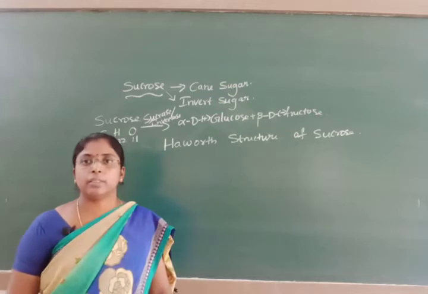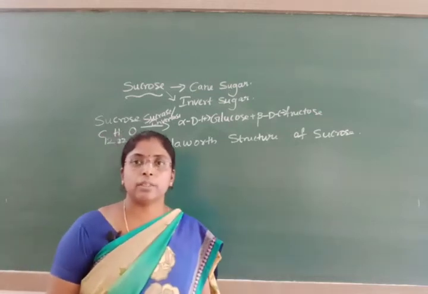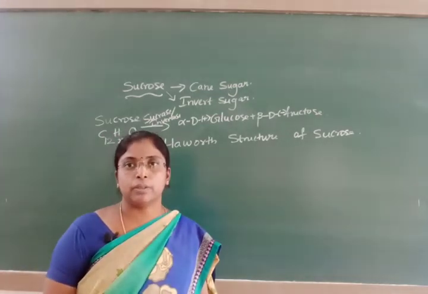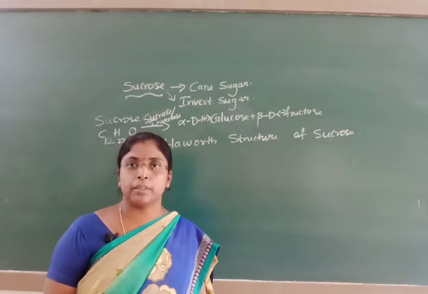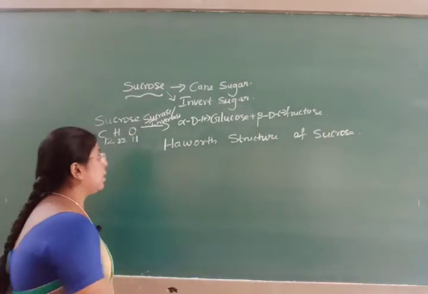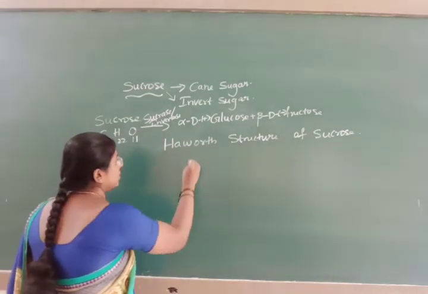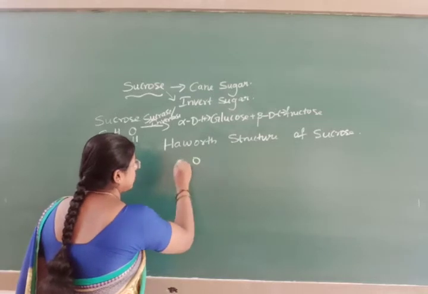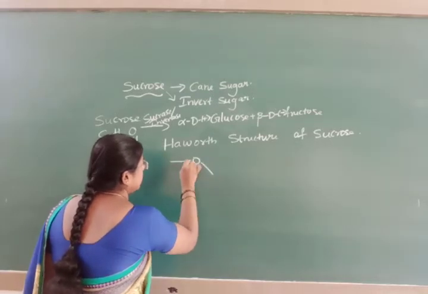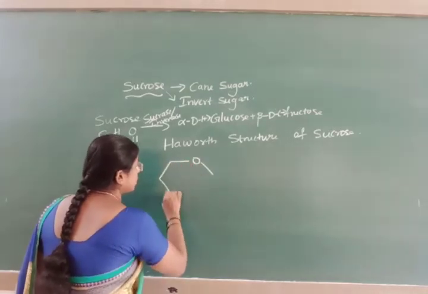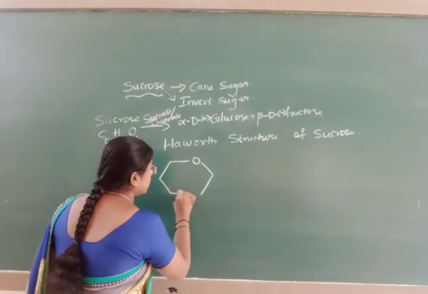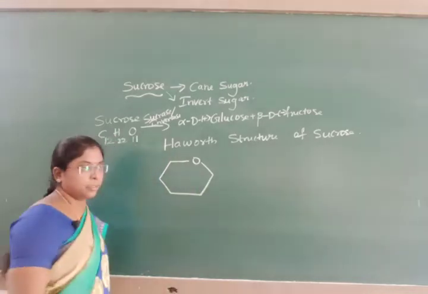In the last session I discussed the structures of alpha D glucose as well as beta D minus fructose. First we put the alpha D plus glucose, which has a pyranose structure, hence we call it glucopyranose.